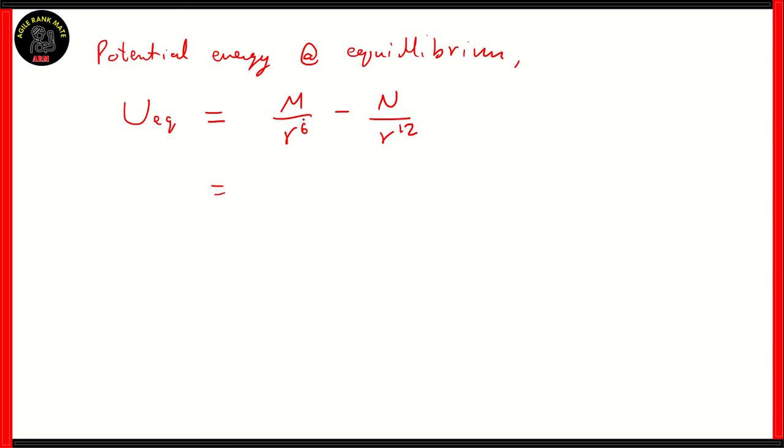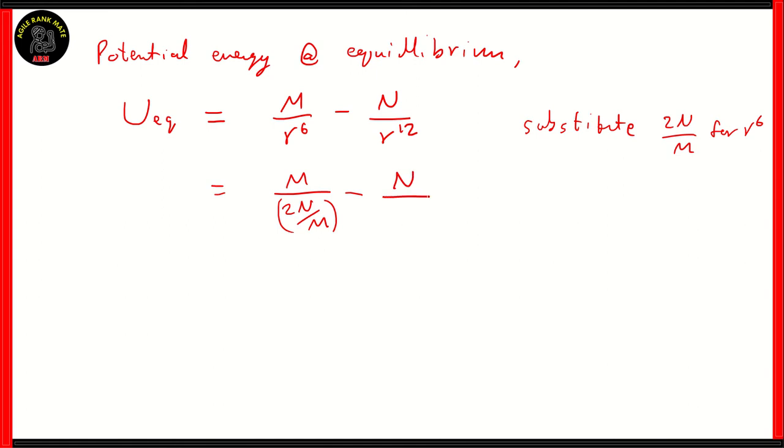What we're going to do here is substitute 2n by m for r raised to 6. So basically we have m over 2n by m as the first term, and the second term is n divided by 2n by m, the whole square.